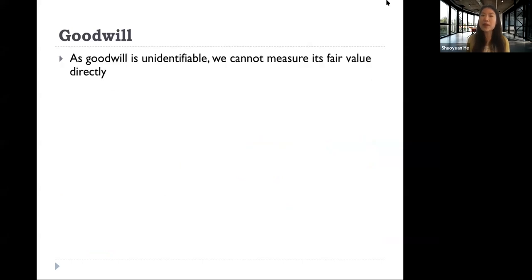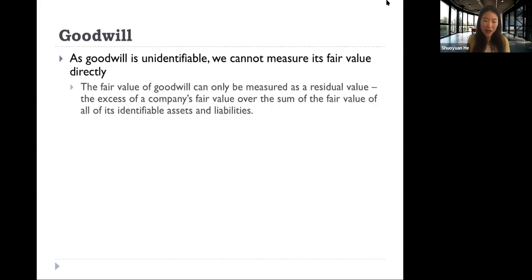Because goodwill is unidentifiable, we cannot measure its fair value directly. The fair value of the goodwill can only be measured as a residual value, so the excess of the firm's fair value over the sum of the fair value of all of its identifiable assets and liabilities.